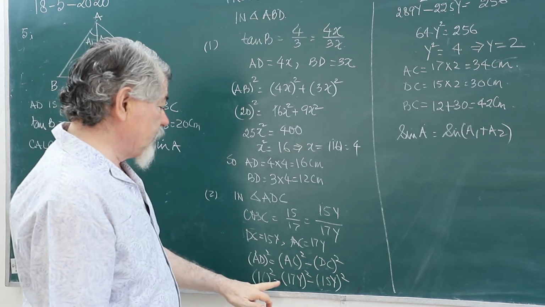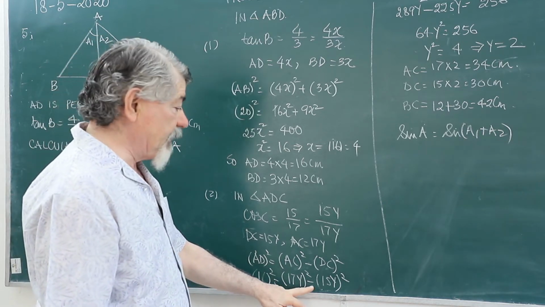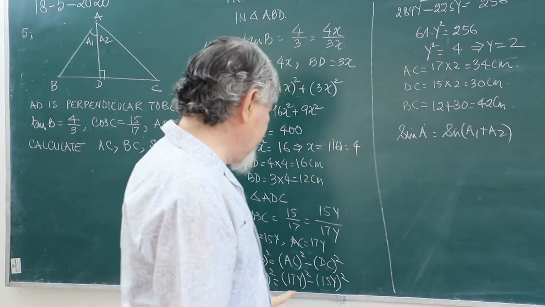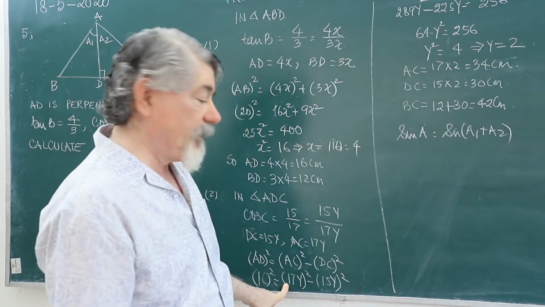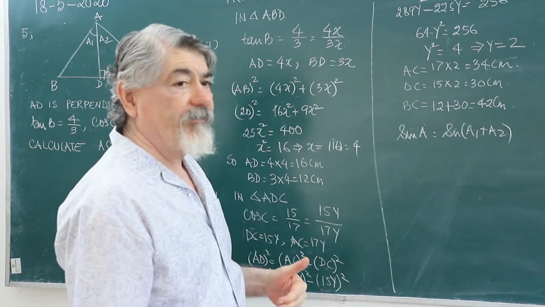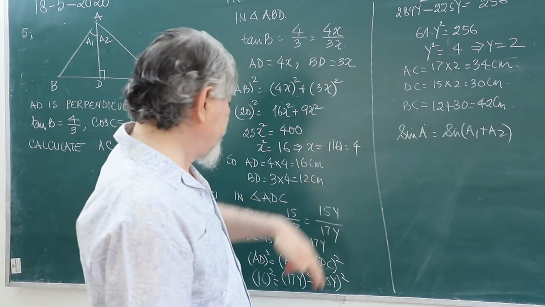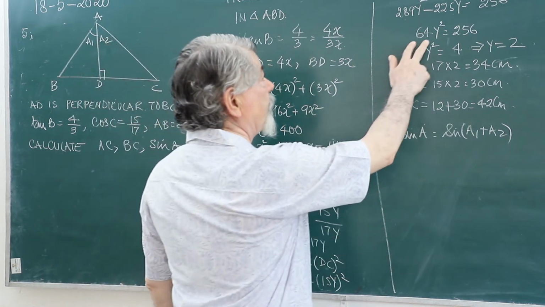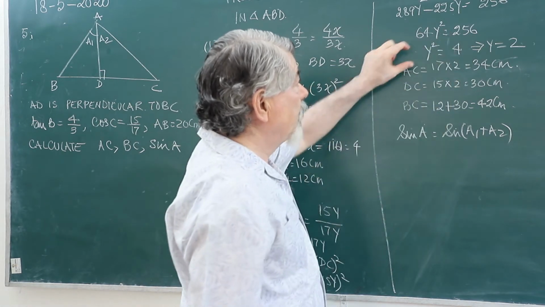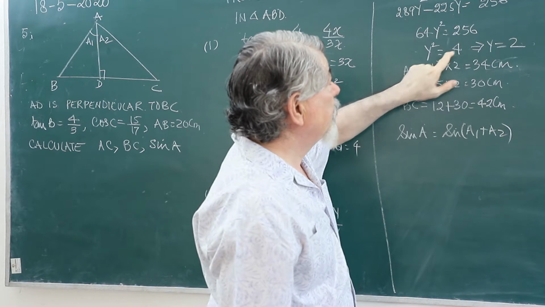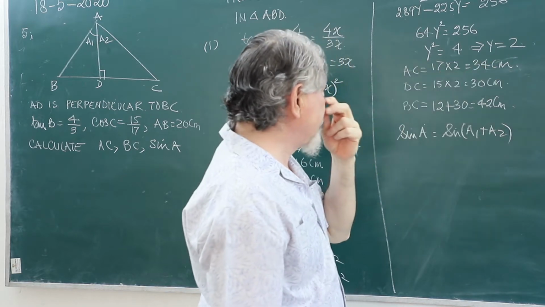So 16 whole square is 17y whole square minus 15y whole square. 17 whole square is 289, 289y square, 15 whole square is 225y square, is equal to 256. So 64y square is 256. Y square will be 256 upon 64, which gives the value of y as 2.